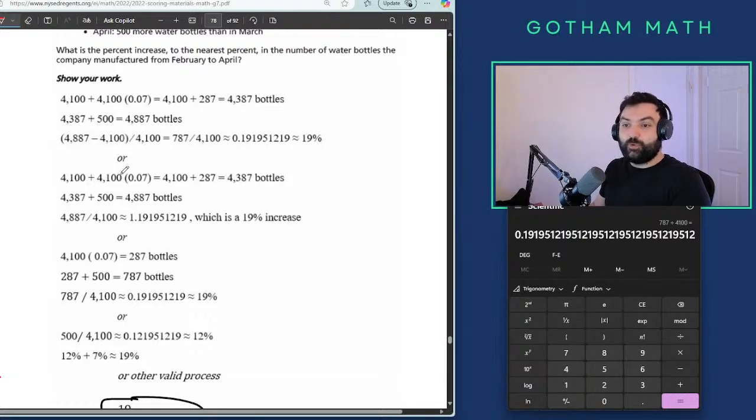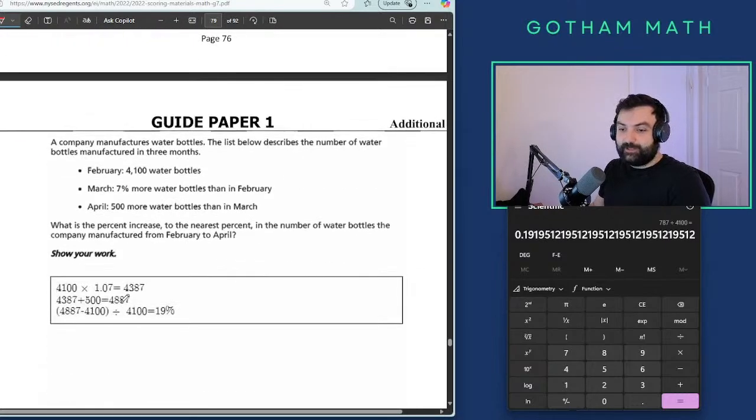Oh, it says or. You can do it like this, or like that. This is the teacher's guide. Okay, I see. Subtracted and then divided by this.